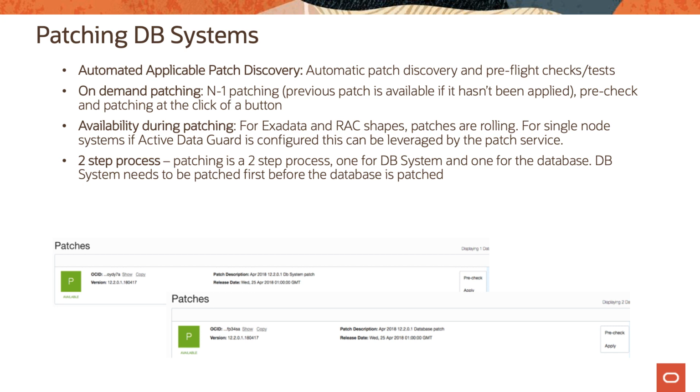Patching is a two-step process. You first patch the DB system, and then you patch the database. The screenshot at the bottom of the slide shows you how you can run pre-check and apply patches for your DB systems and the database in the OCI console.